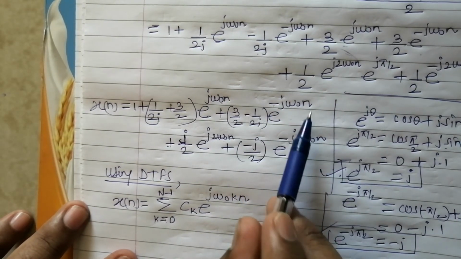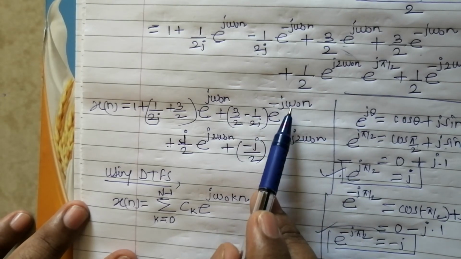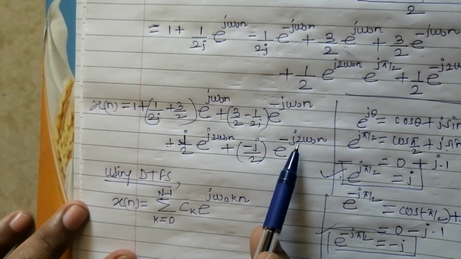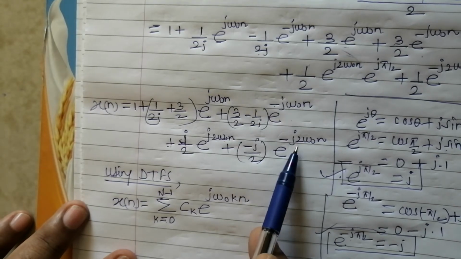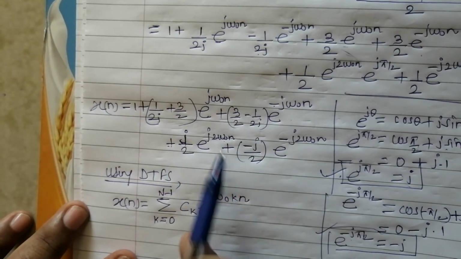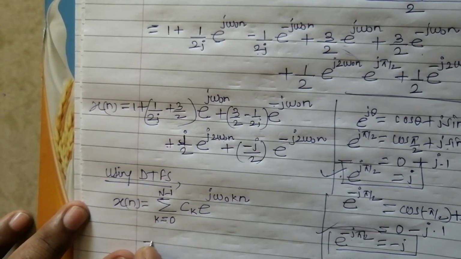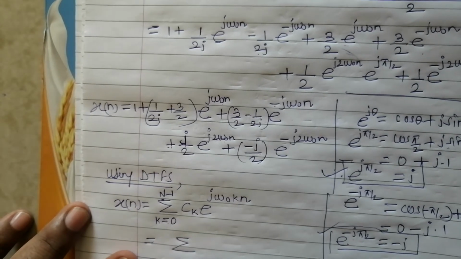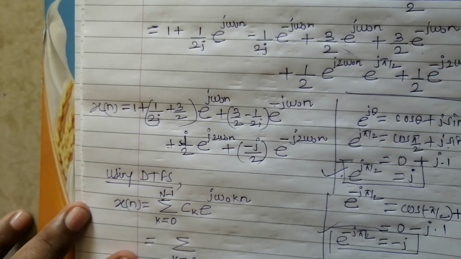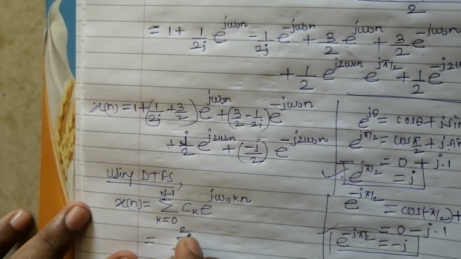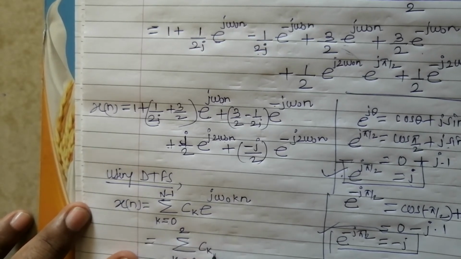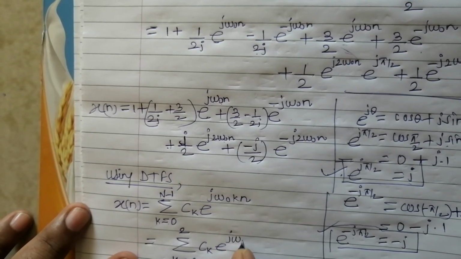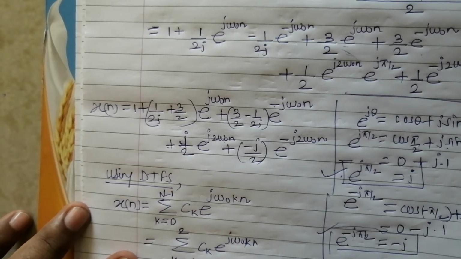It means the k value, as per this part, is ranging from minus 2 up to 2. So we can write here k from minus 2 to 2, c k e raised to power j omega naught k n.